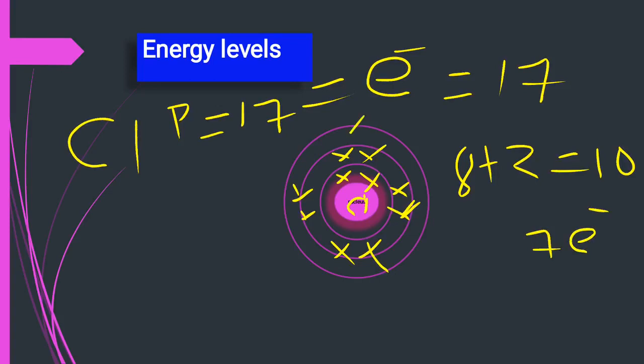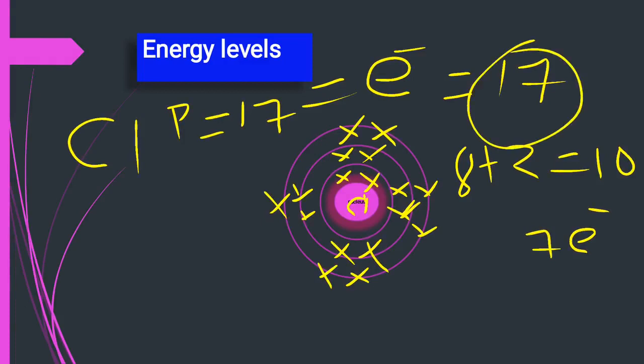So we will have the first electron, the second one, the third one, the fourth one, the fifth one, the sixth one, and the seventh one. So the total of these electrons is 17, and basically that is the structure of chlorine atom.